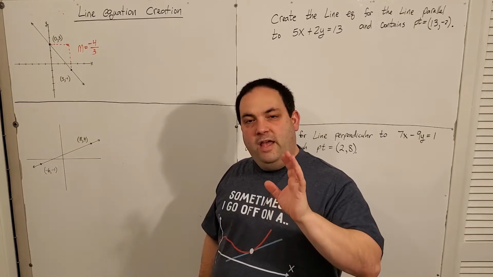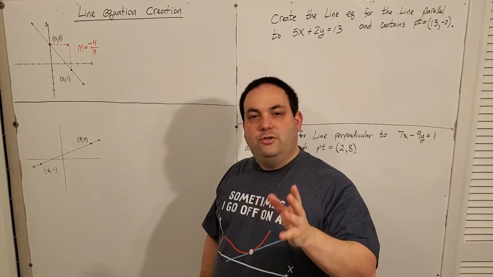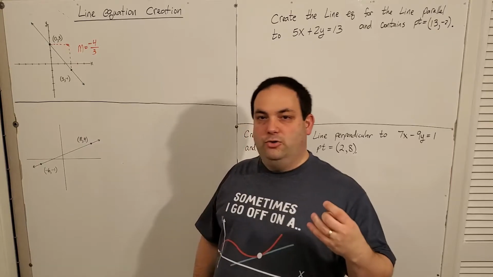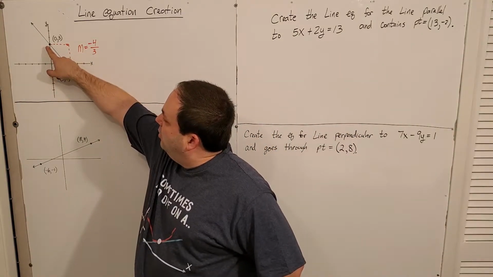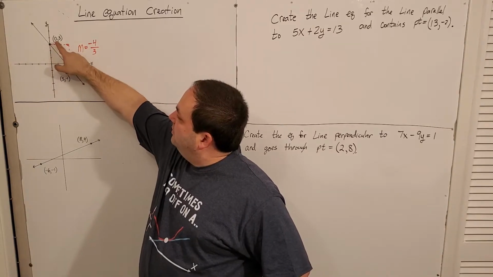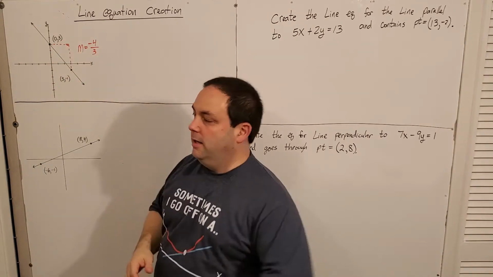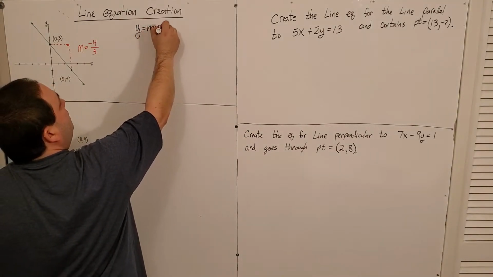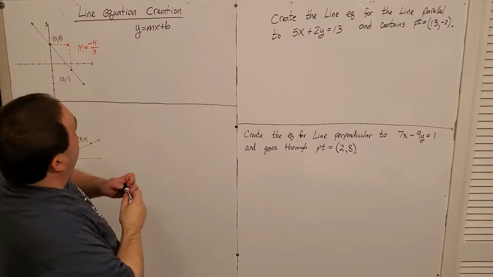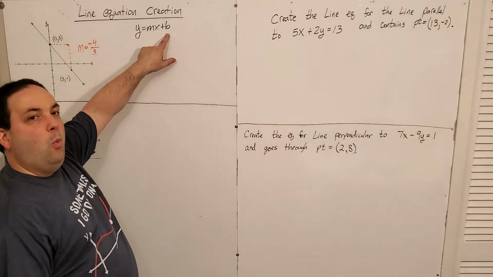We have an equation for lines called slope-intercept, right? So when I look at this line here, I'm noticing that I already know the y-intercept, 0, 3. Okay, well, remember in y equals mx plus b, b is that y-intercept.